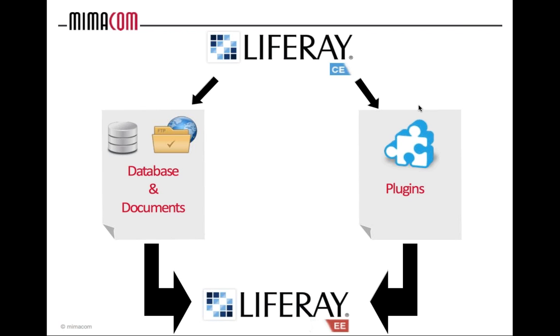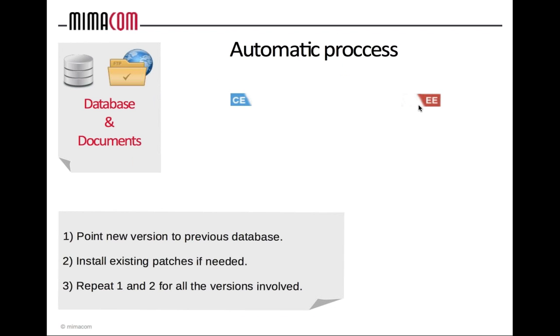There is an automatic process, which is the migration of the database and the documents, and it's something that we can do automatically because Liferay has some scripts in charge of this job. And then, in a second step, or maybe a simultaneous step, because we can do both things at the same time, we need to migrate our plugins, our development.